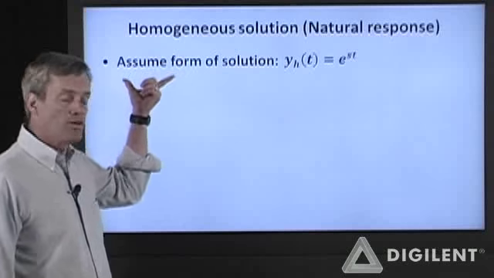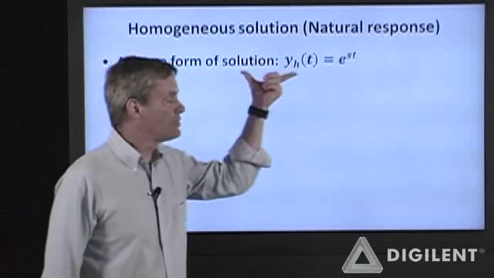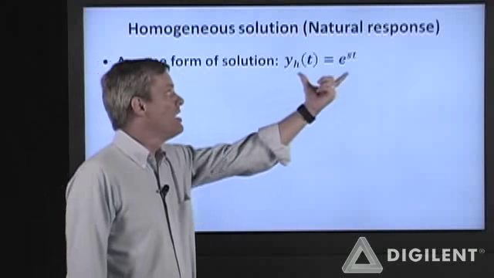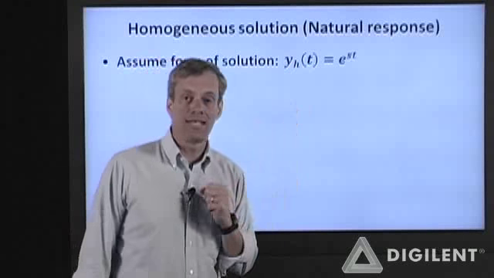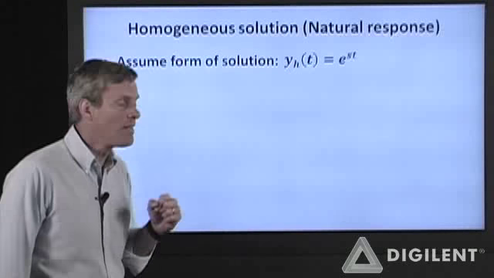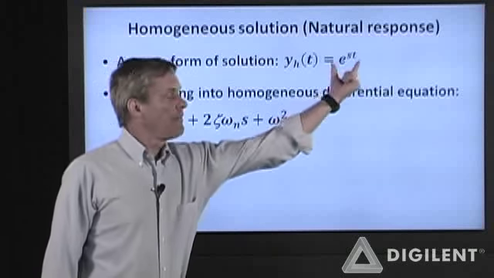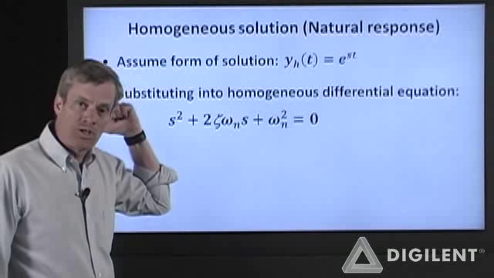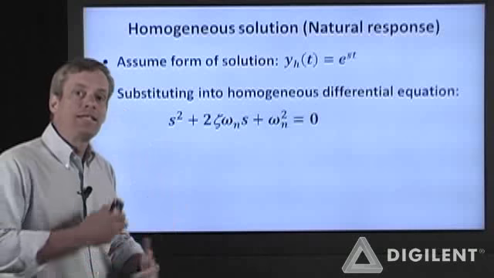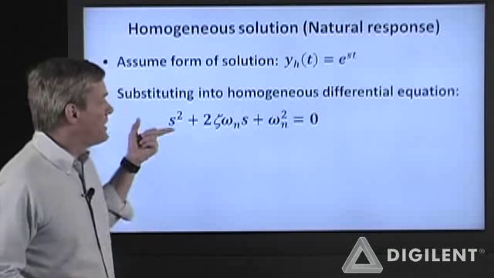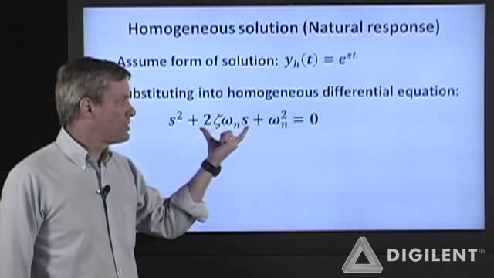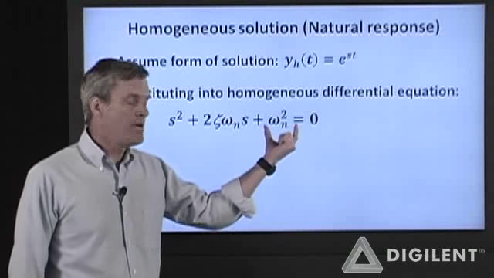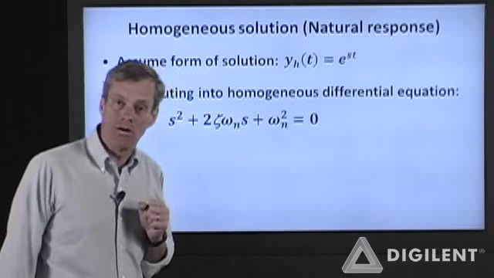So for this second-order system, we are still going to assume the form of the solution, and we'll assume that the homogeneous solution is of the form e to the st. Now, if we plug this into our original differential equation, set it equal to 0, we'll get this condition on s: s squared plus 2 zeta omega n s plus omega n squared will have to be 0.